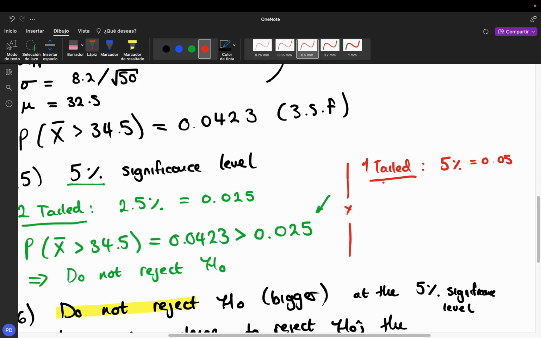So if we were testing with a 1-tailed test, we'd see that our probability 0.0423 is actually less than 0.05. This is saying that the chances that we see what we've observed, which is 34.5, or anything higher, is less than our significance level.